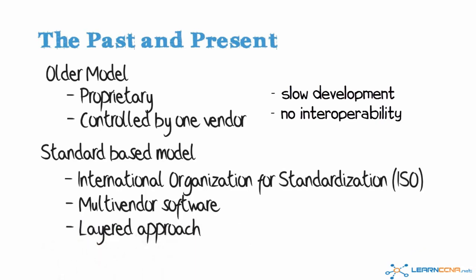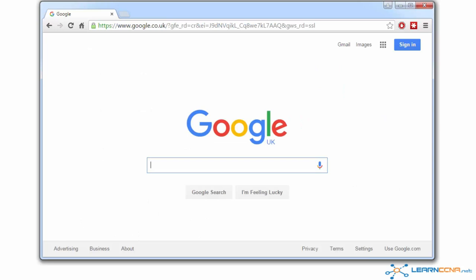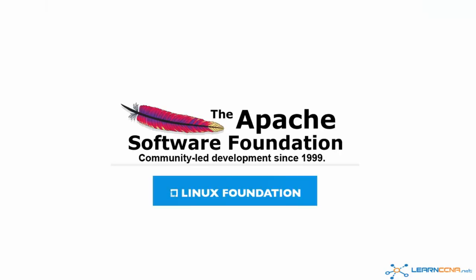Thus, for example, a web browser like Chrome from Google can run on an HP computer or Dell laptop and connect to a Cisco network, traverse the internet, and connect to a web server running Apache on top of Linux.